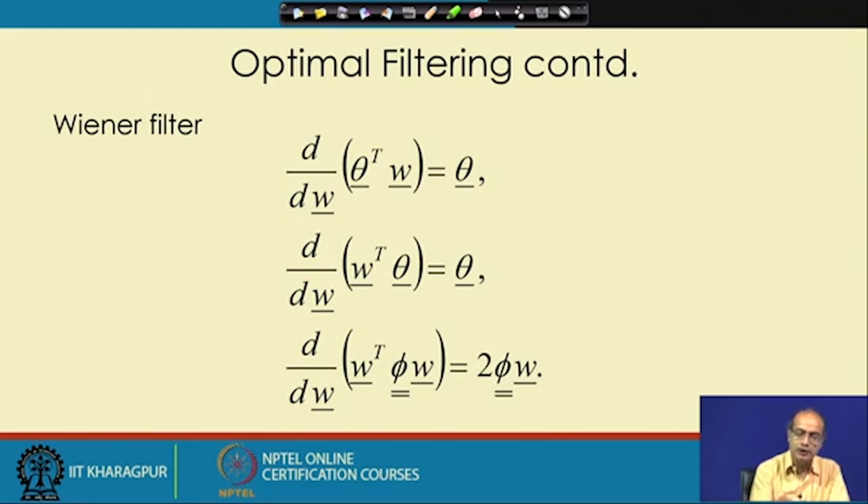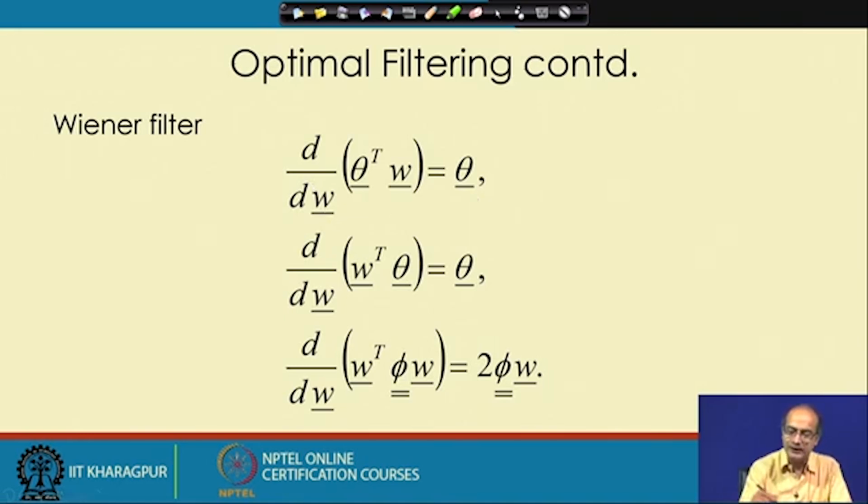For each component, say W 0, W 1 and so on, taking the derivative with respect to the vector means we take the derivative with respect to each of these terms and then put it back in vector form. If we do it manually, we can easily check that for each of them we get the corresponding value of theta.